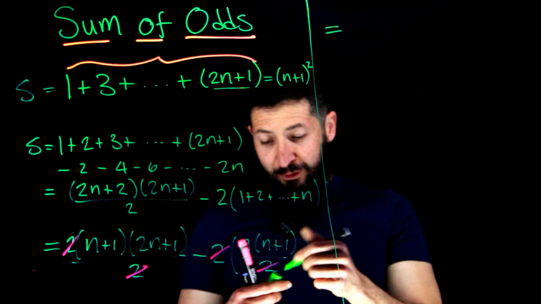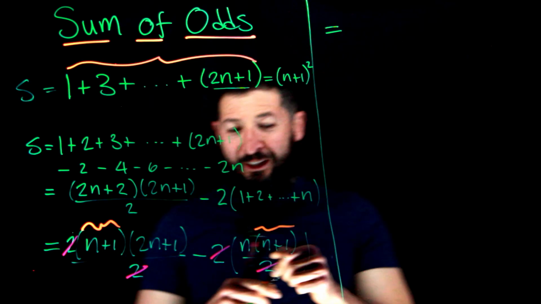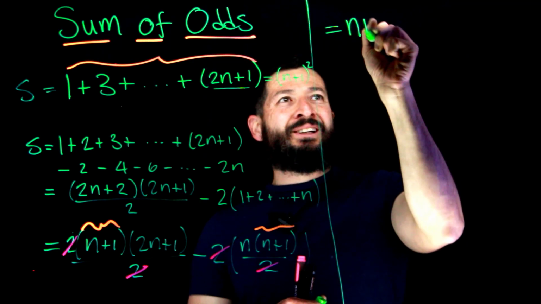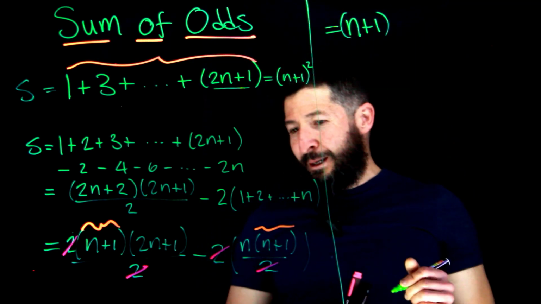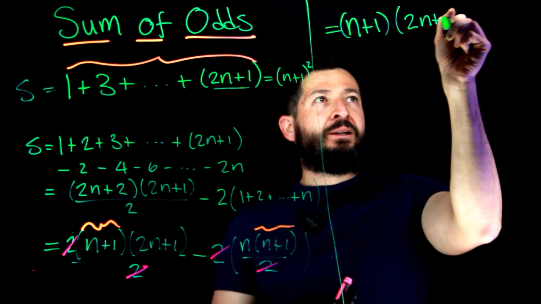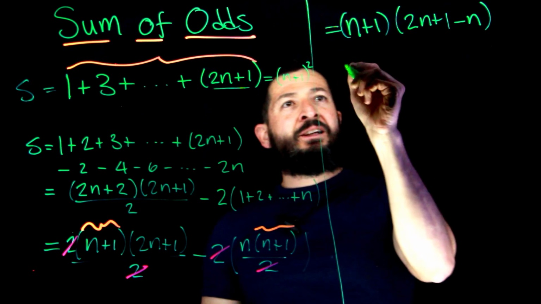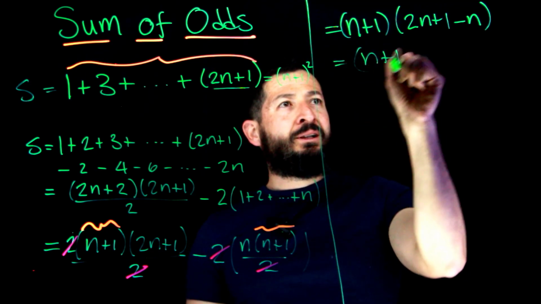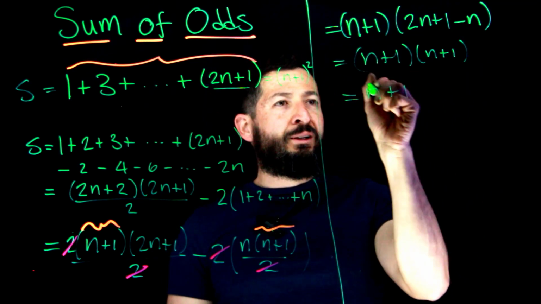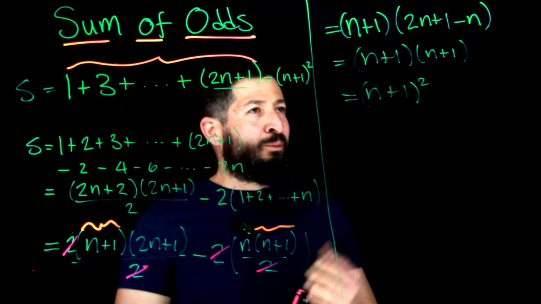So it's going to be n plus 1 times 2n plus 1, that's the term I have here, minus the term left over here, n, minus n, and that gives me n plus 1 times n plus 1, which is precisely what I wanted, which is n plus 1 squared. And just like my energy level today, my marker is dying.